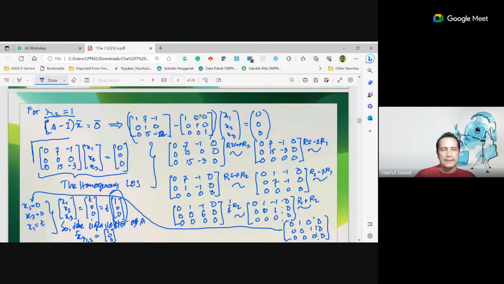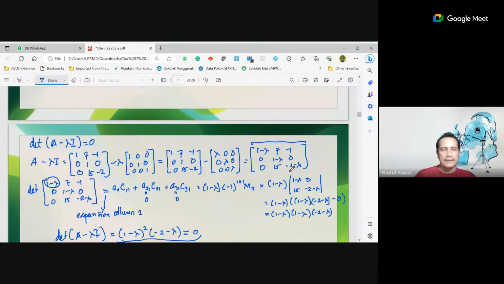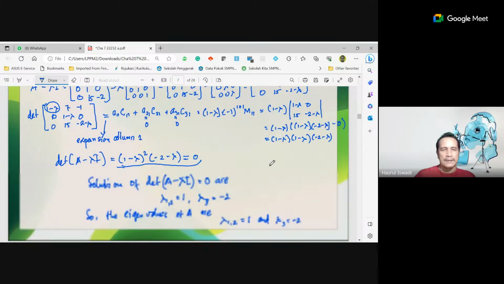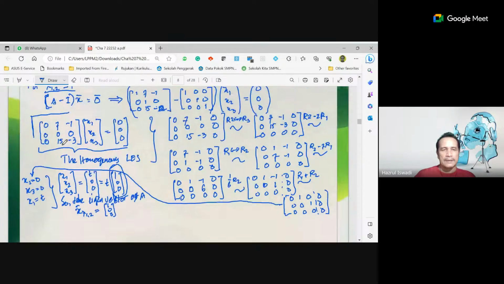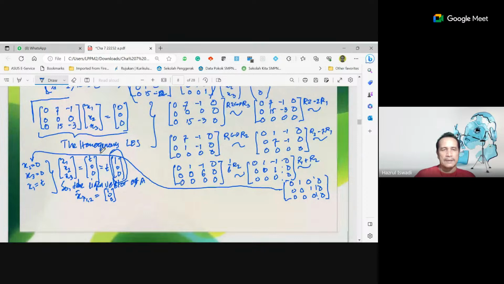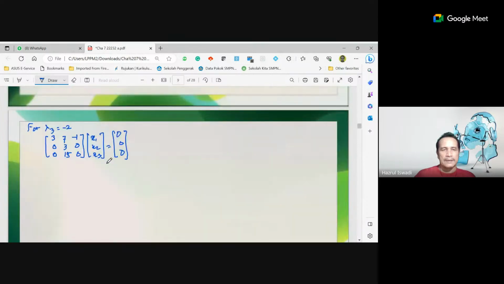So I make it shorter without calculating the subtraction. I jump into substituting lambda by minus 2. So I get directly this equation. This is the equation after substituting lambda 3 equal to minus 2.